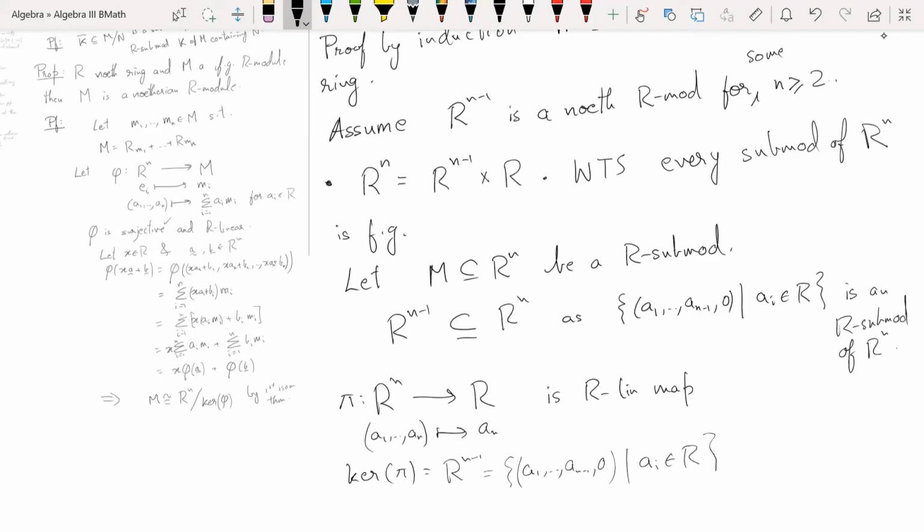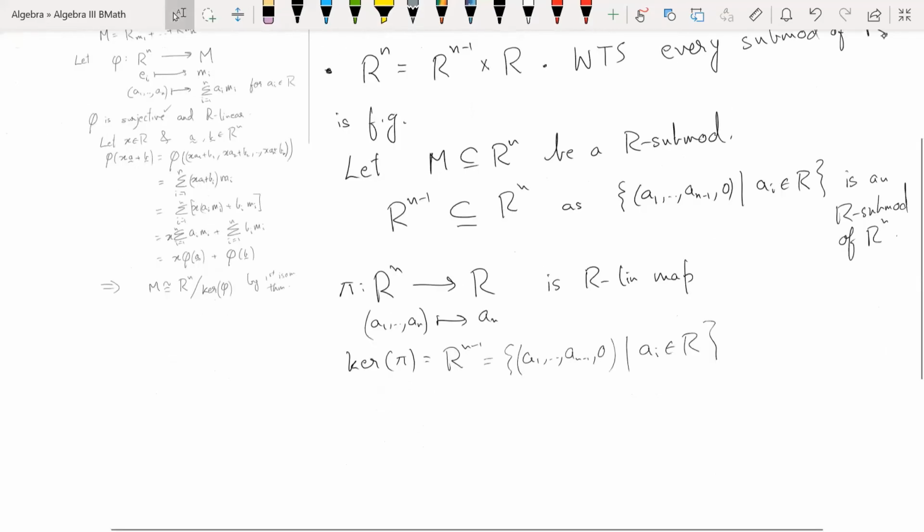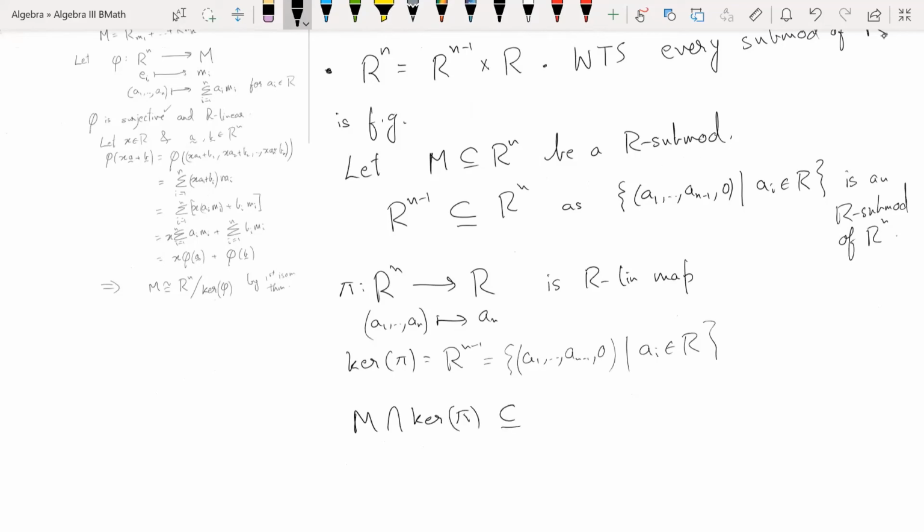So of course, M being a submodule of R^n, M intersection kernel pi is contained in R^(n-1). It is an R-submodule of M and R^(n-1) both.